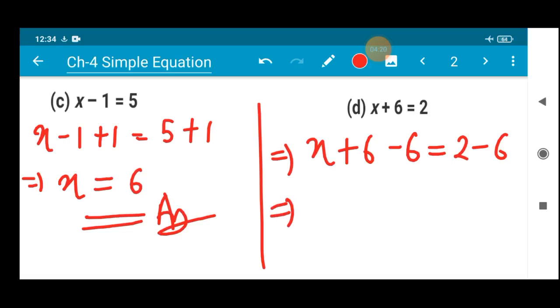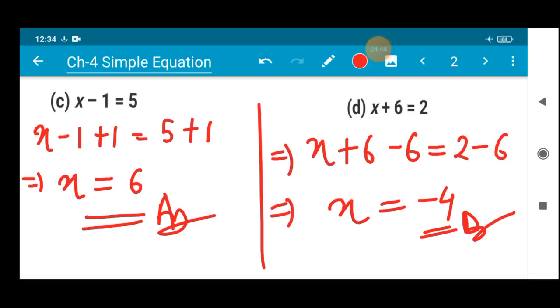Now x plus 6 minus 6 will of course become x. Now 2 minus 6 is equal to minus 4. Why? Because 6 is a greater number compared to 2, and 6 is carrying a negative sign, and whatever sign it carries should be written there. If there was plus, then you could have written plus 4, but there is minus 6, hence minus 4 should be the value.